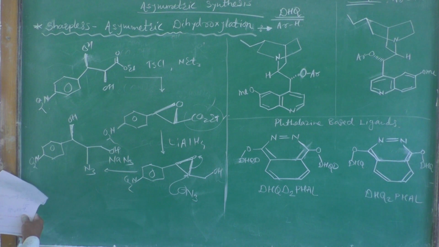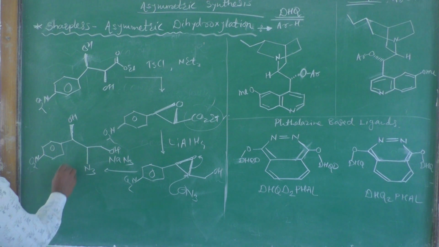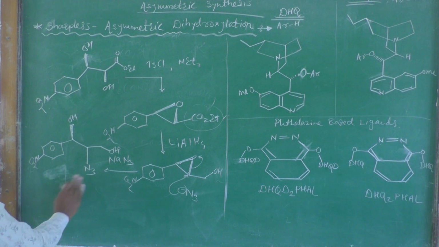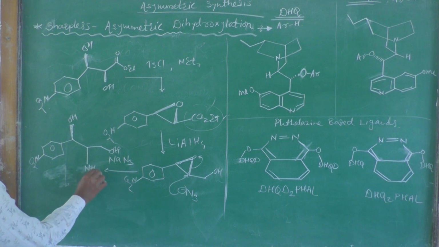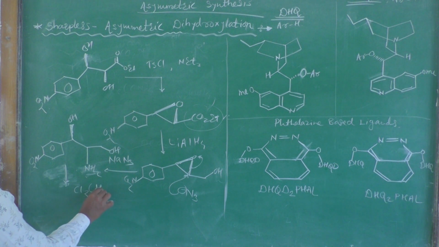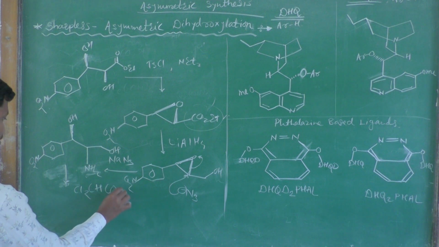The next step is reduction of this N3. When this N3 is reduced, we get NH2. And once we get this NH2, the next step is use of Cl2CH-CO2Me.